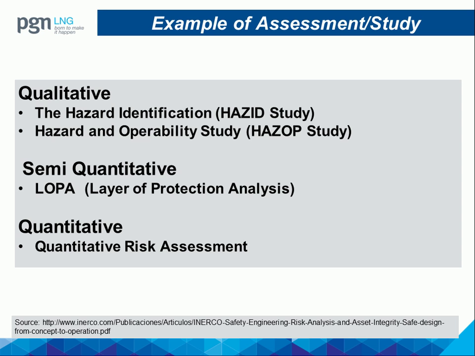It will say yes, the mitigation is this and this, but then you should be able to identify whether the barrier or the mitigation is enough. And then you have a semi-quantitative, it's called LOPA, or layer of protection analysis.